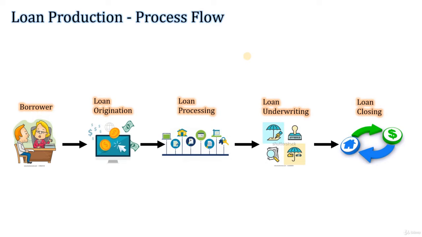This data is used to generate scenarios with a combination of interest rates, loan amounts, points, loan tenure, etc. The borrower has to lock one of the rate scenarios offered by the lender or broker, after which the loan can go for processing.